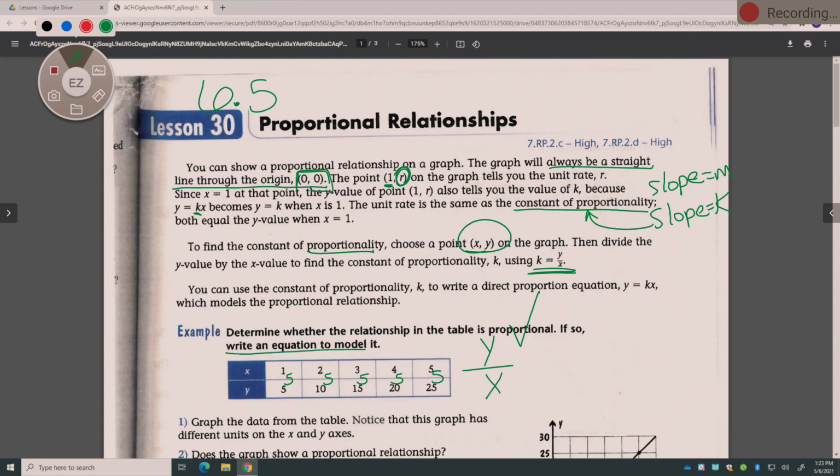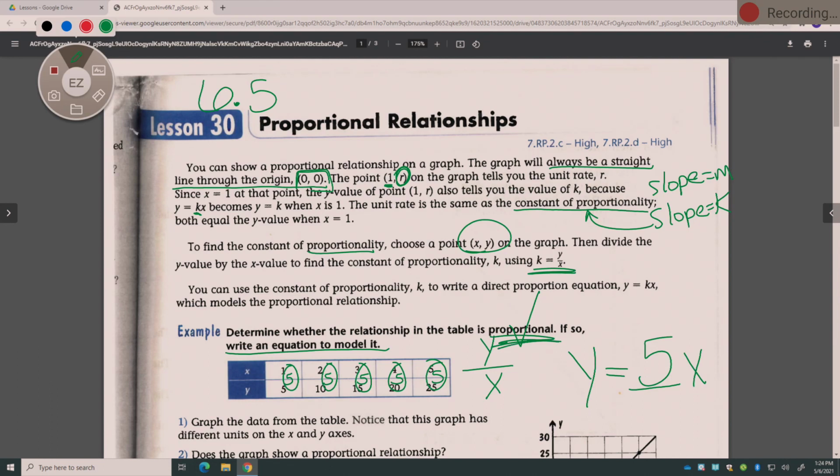My equation then becomes y equals my slope times x. So that number that I was finding each time I divided y by x, that's my slope, right? So y equals 5x. Remember, this shortcut, y divided by x, only works if the table is proportional.